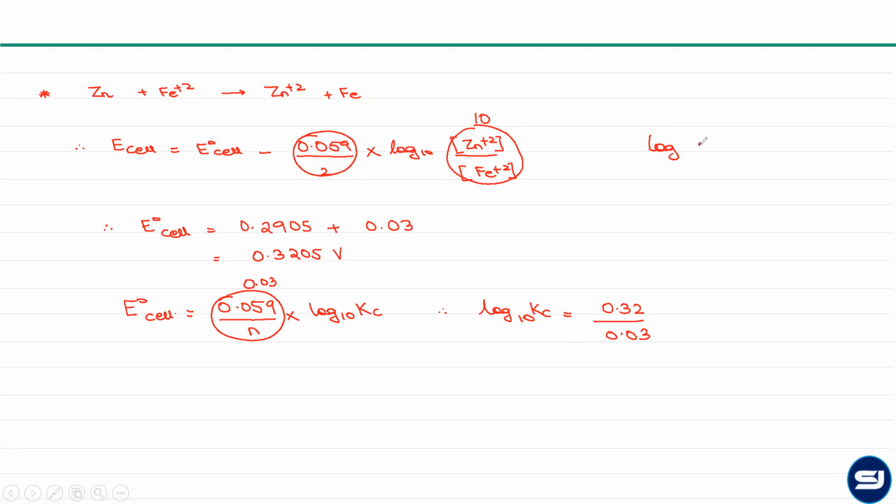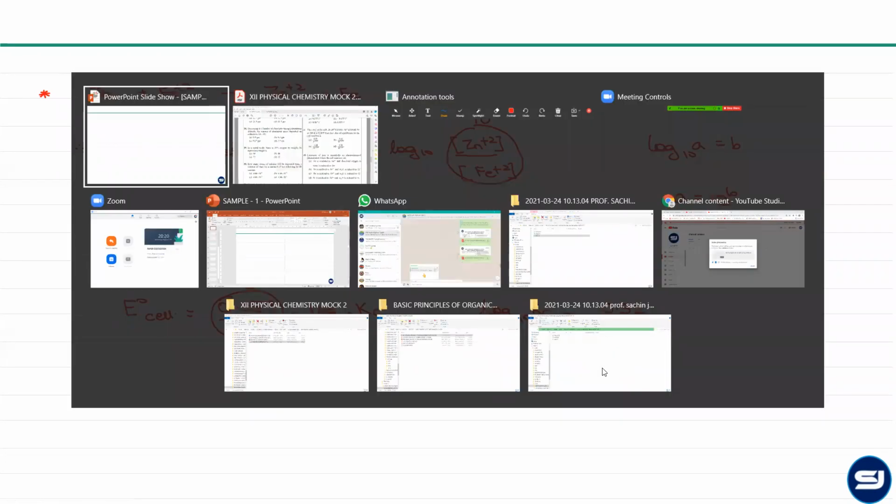Now, if you have log of A to the base 10 equal to B, how will you write A in terms of B, eliminating the log? 10 raised to B. That means the value of Kc here will be 10 raised to 0.32 upon 0.03 as the whole power. Understood? Malika?